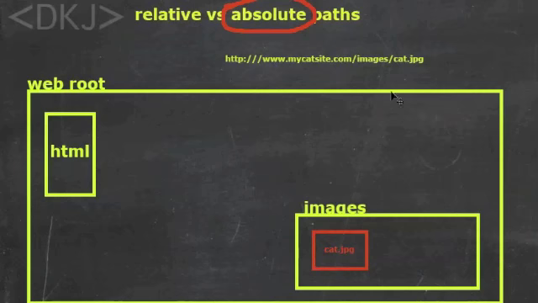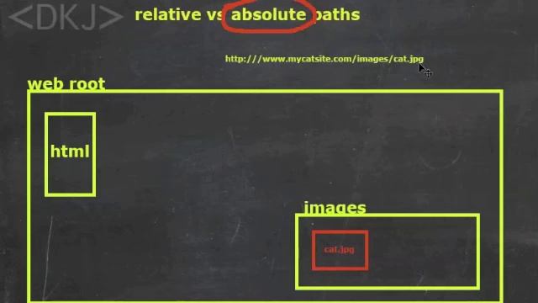So we need to say mycatsite.com, which points to our web root, and then /images, which points to the folder, and then /cat.jpg. So this is our absolute path to this file, and this will work when used in an image tag, for example, an img tag.